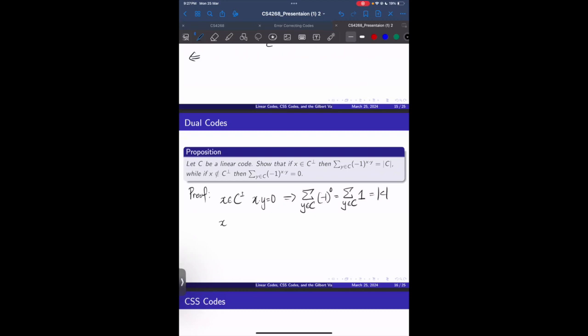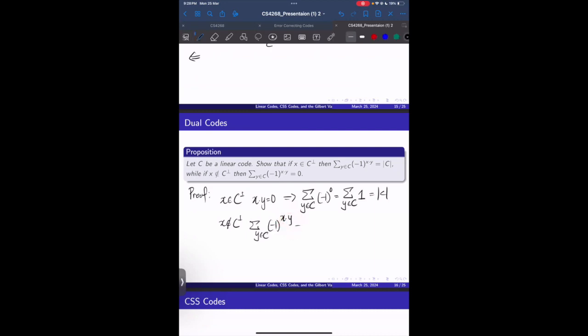But if x is not in C perp, then this sum is taken over all of the possible codewords in C. We have an equal probability of this dot product becoming 1 and an equal probability of it becoming 0. With probability half, x dot y equals 1, and with probability half, x dot y equals 0.